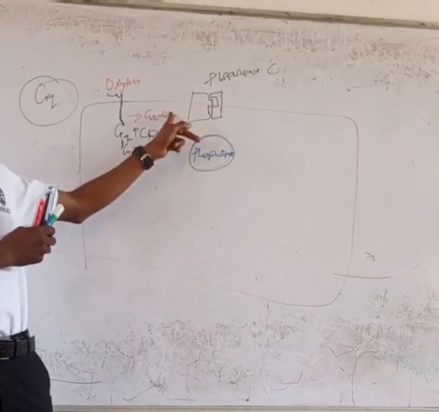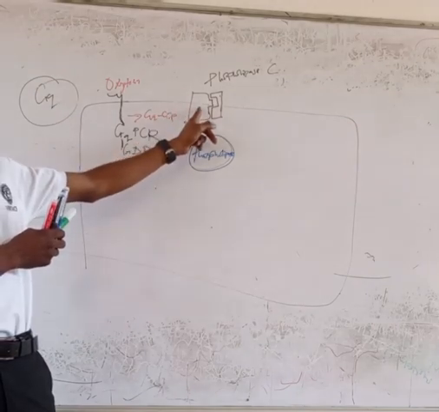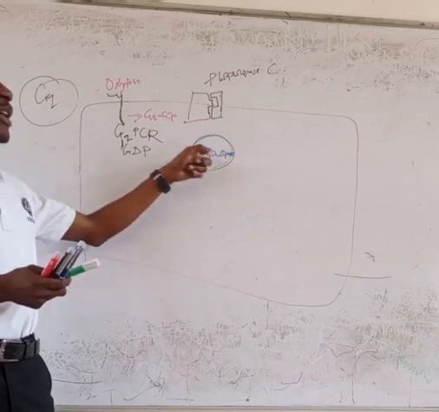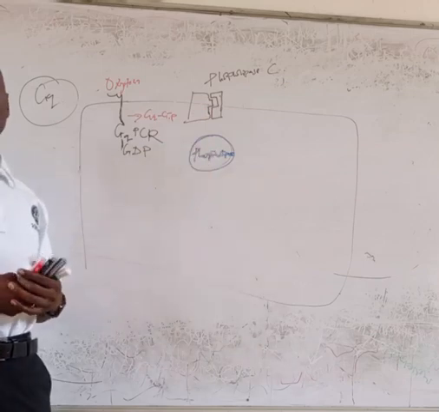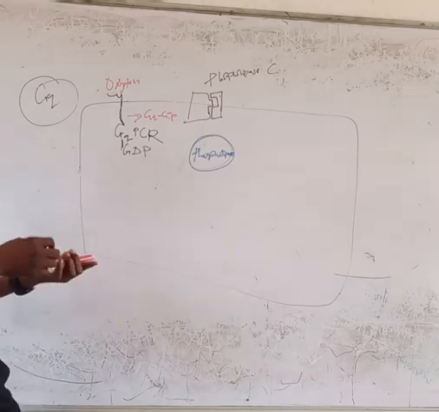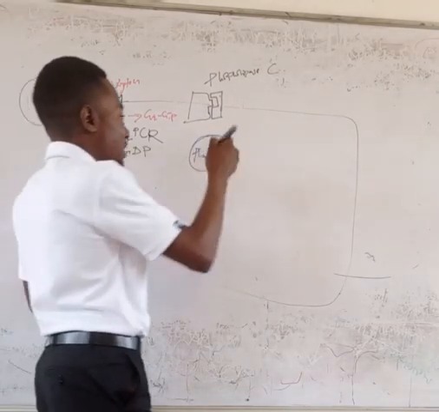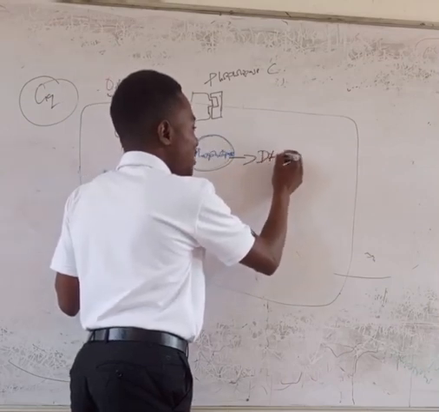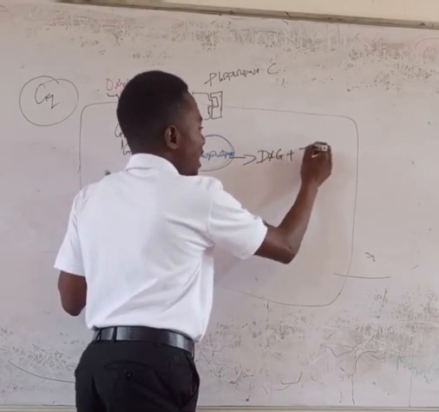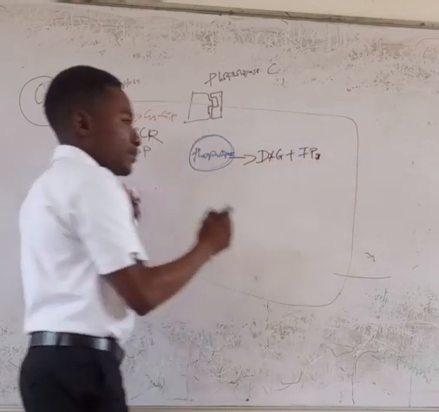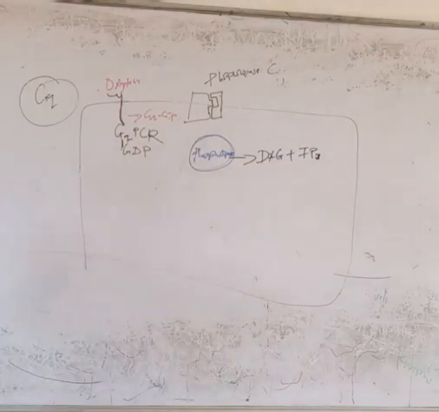So this will activate the phospholipase enzyme, which was not active. And then that phospholipase enzyme works on this phospholipid. So it will convert it into two: DAG and IP3. I don't know if this is correct, but that's how it's supposed to be.